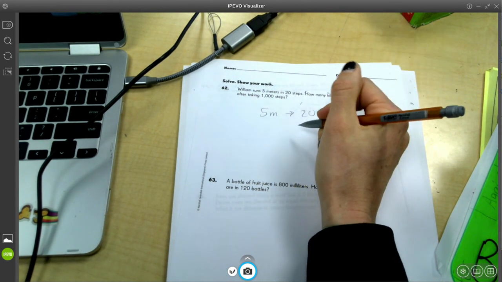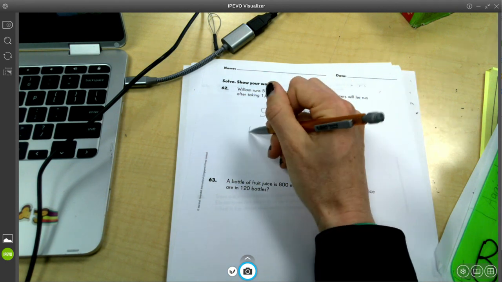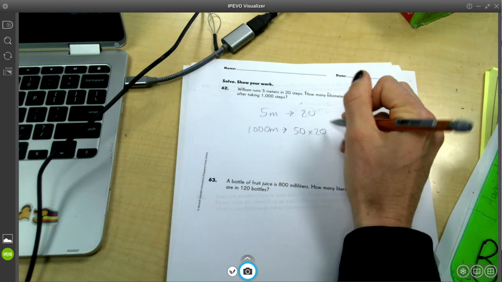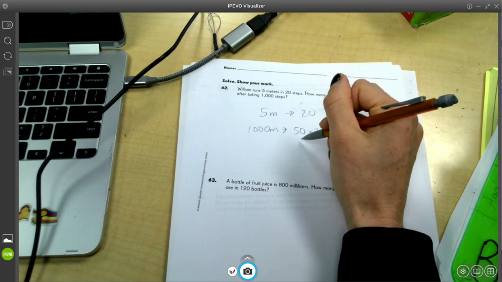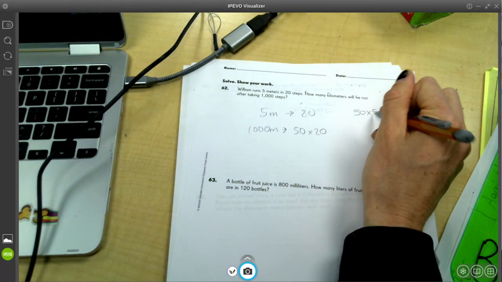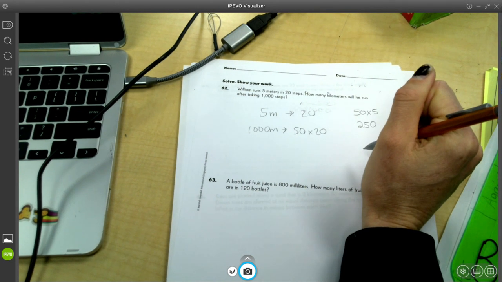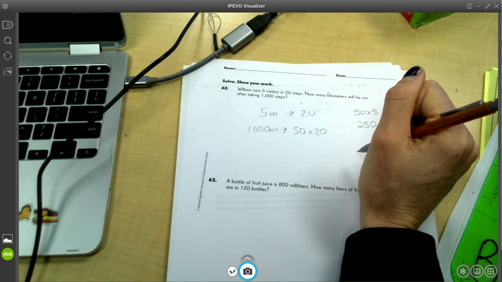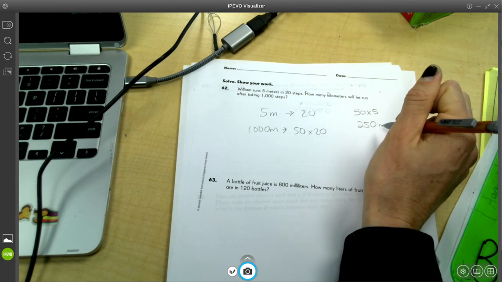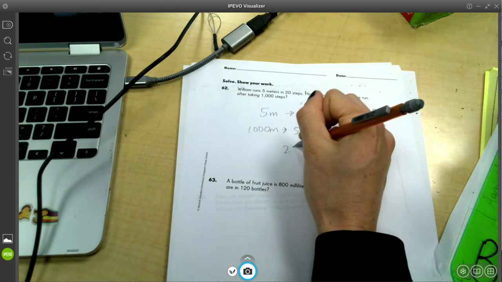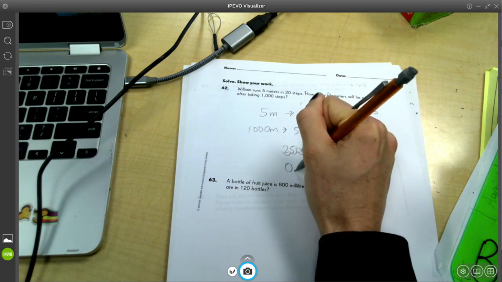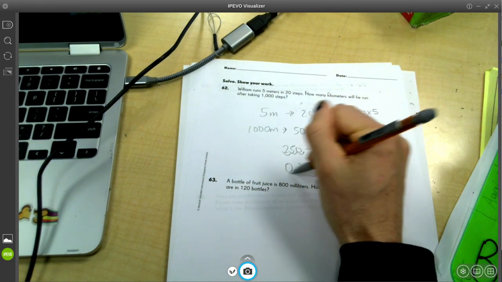So in 1,000 steps, there are 50 groups of 20. So 50 times 5 is 250 meters, which is divided by 1,000, 1, 2, 3. He will have run this many kilometers.